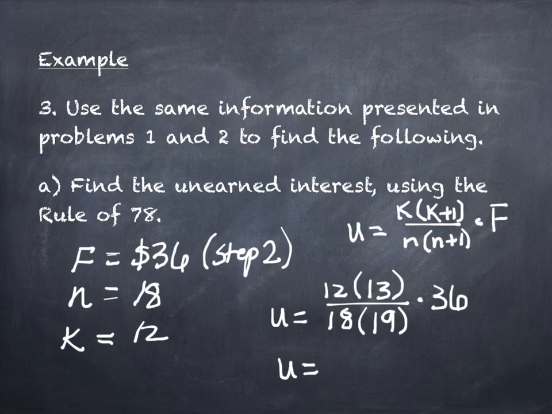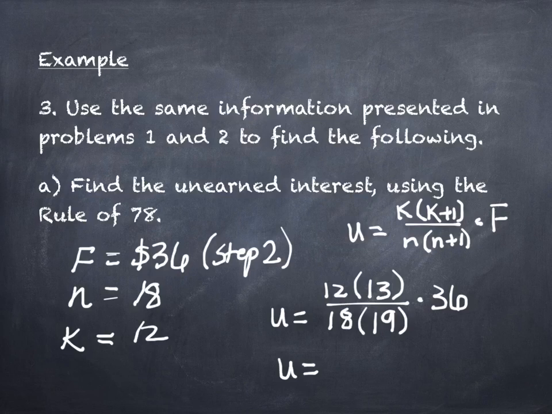If you're not careful with your calculator, it will go from left to right. It won't understand that the 18 and 19 are both supposed to be division, which means you either need parentheses or just multiply the 18 times the 19 to start with, so that you can avoid the order of operations issues.